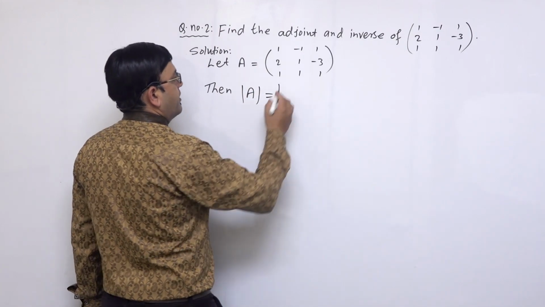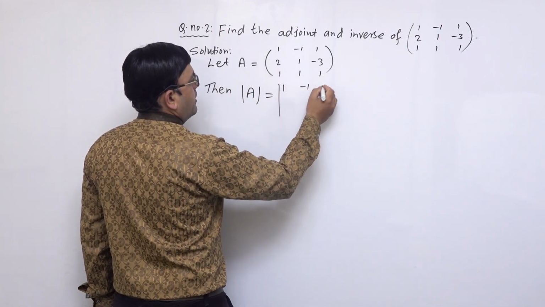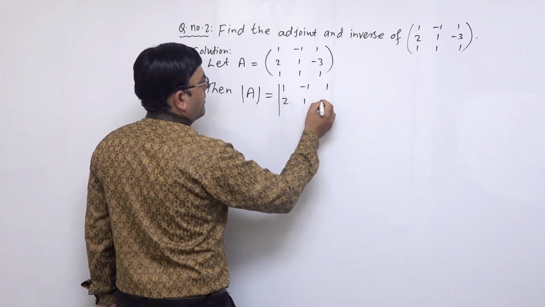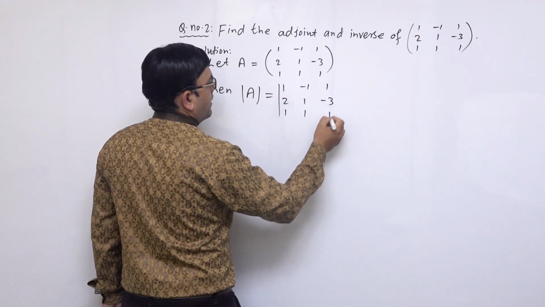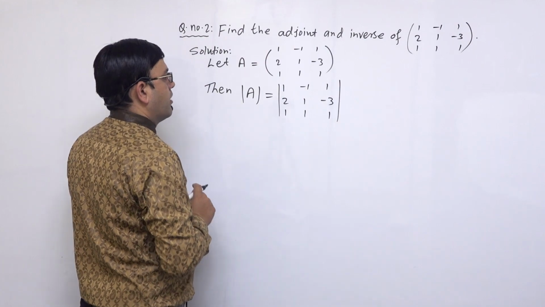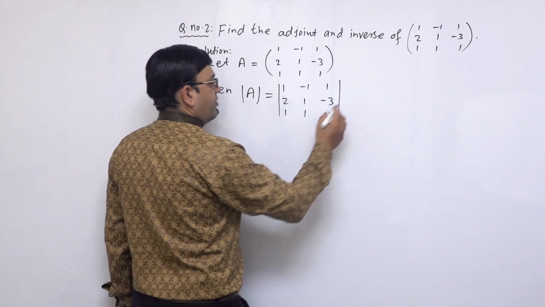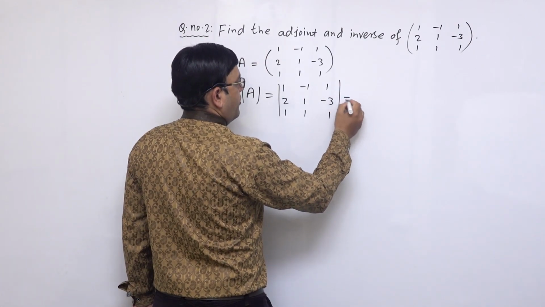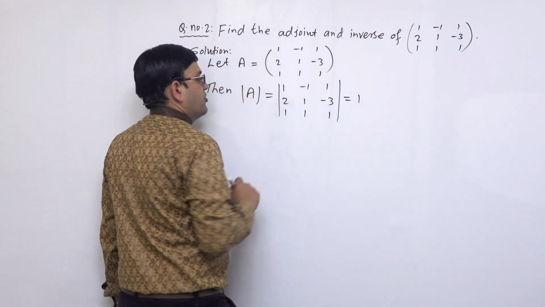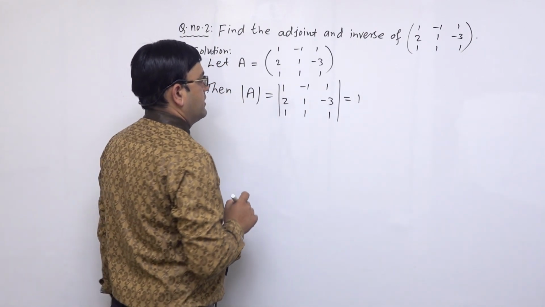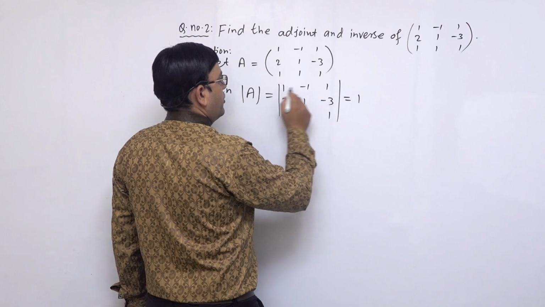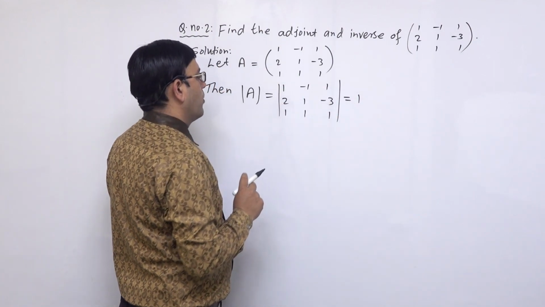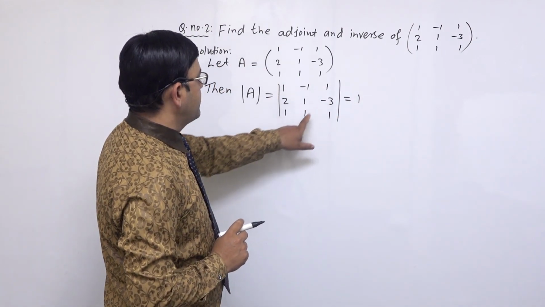How to find the determinant? 1, minus 1, 1, and then 2, 1, minus 3, 1, 1, 1. We have to find the determinant of this matrix. So this is equal to 1 times, this is plus at first, 1 times this, with this row and column omitted. So the minor is 1, minus 3, 1, 1.